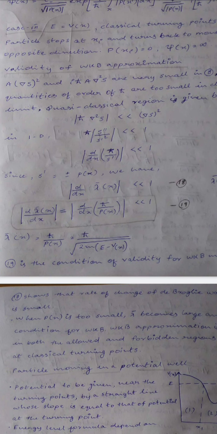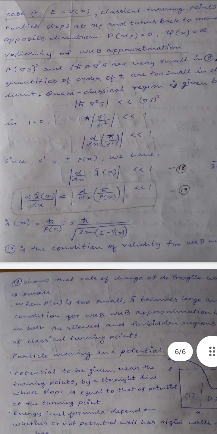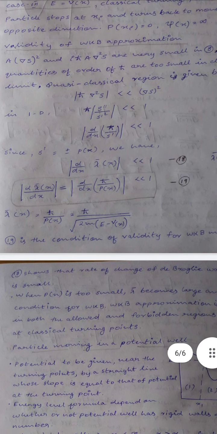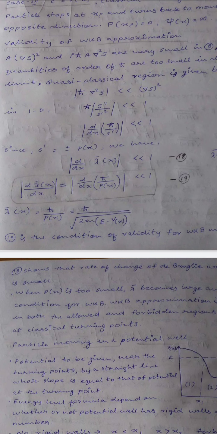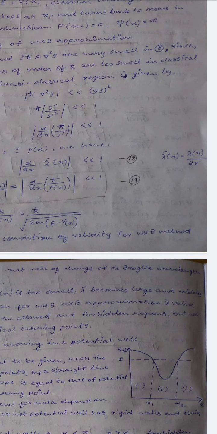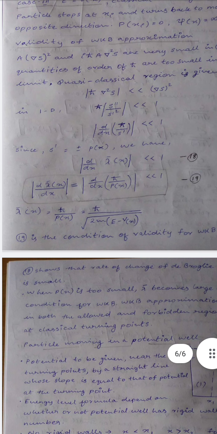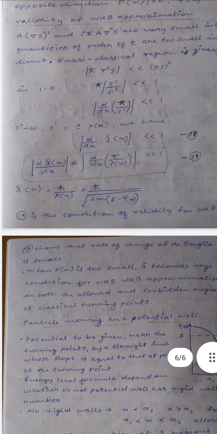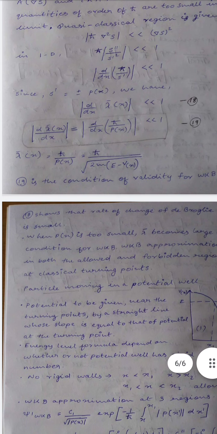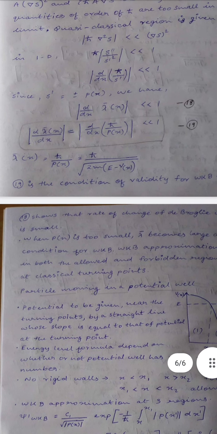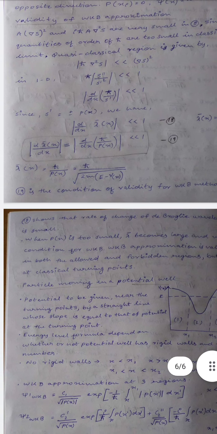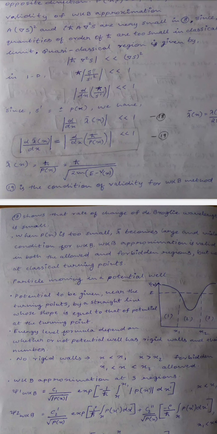Substituting this, we get modulus of d by dx of h cut by p of x very much less than 1, or modulus of d by dx of lambda bar of x is very much less than 1, where lambda bar of x equals lambda of x by 2 pi, or lambda bar of x is equal to h cut by p of x, or h cut by root of 2m into E minus V of x. Here, equation 19 is the condition of validity of the WKB method.